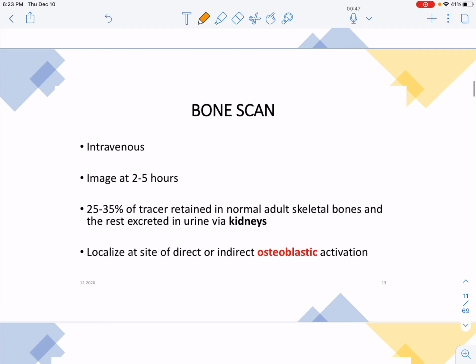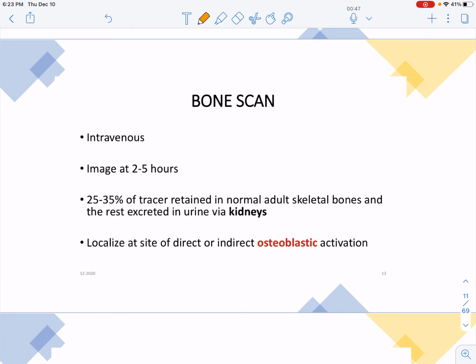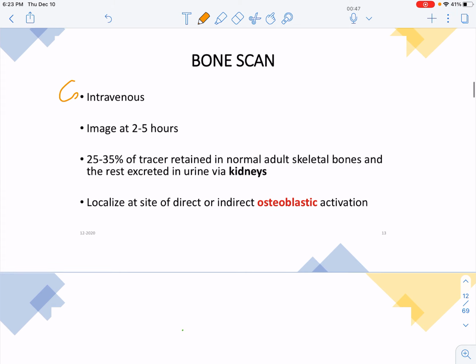So as we already said, bone scan is intravenously given, and it takes time to image the patients, so I'll go over it right now with a scenario. We need to know that 25 to 35% of it is going to be excreted through the kidney. So if you see the kidney and the bladder have a high uptake, we can expect that because that's normal. It's going to be excreted from the kidney.